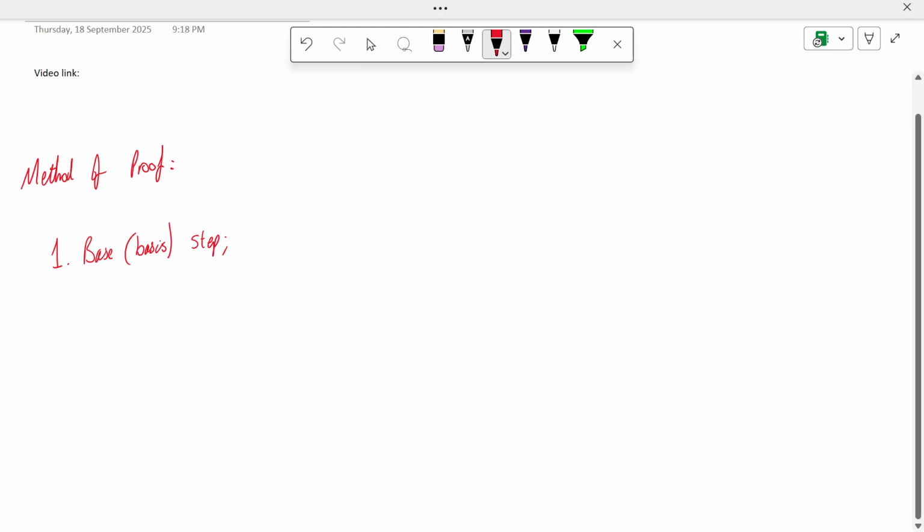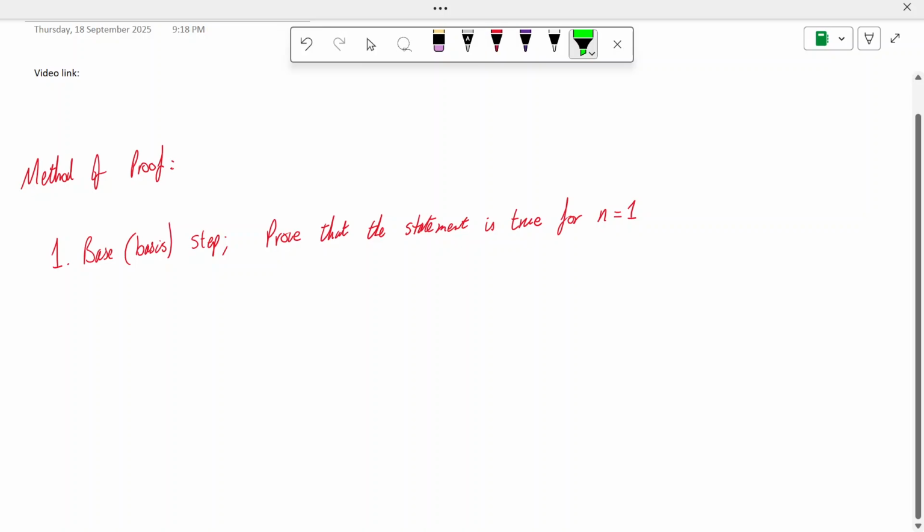For the basis step, we need to prove that the statement works for the initial value, the lowest value. Typically this is n equals 1.